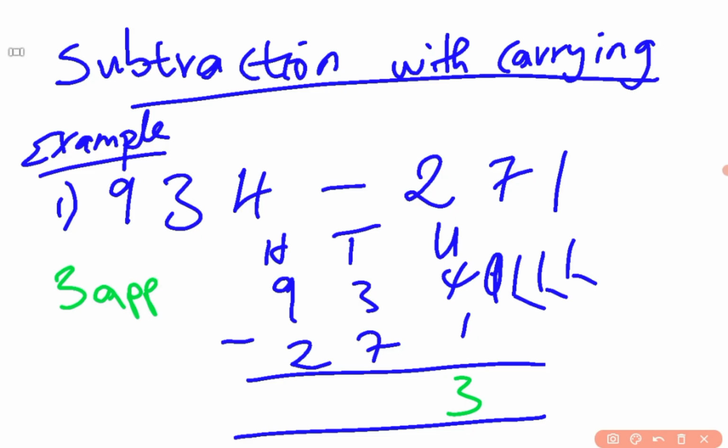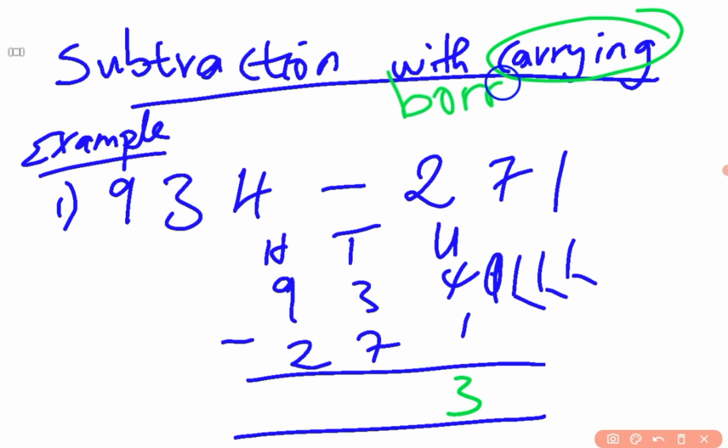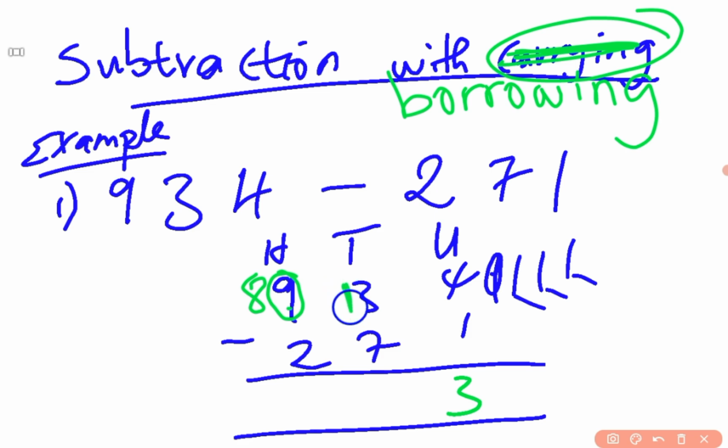I'll correct that. Subtraction with borrowing, not carrying. So now, how do you borrow? You come here, you borrow 1. When you remove 1 from 9, what you are having now is 8. The one that you have removed will come and place itself in front here. Now what you have is 13 take away 7, and 13 take away 7 is what?